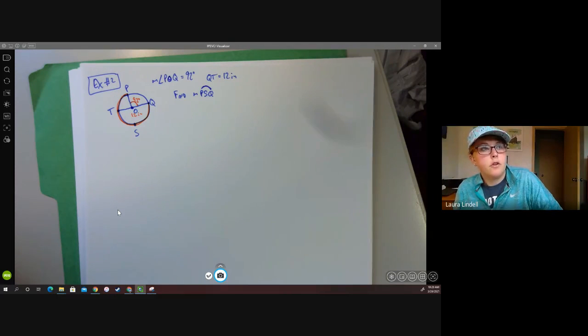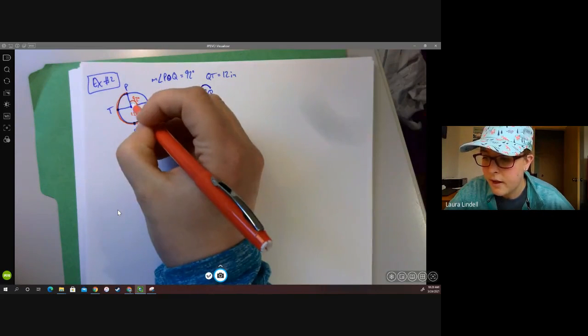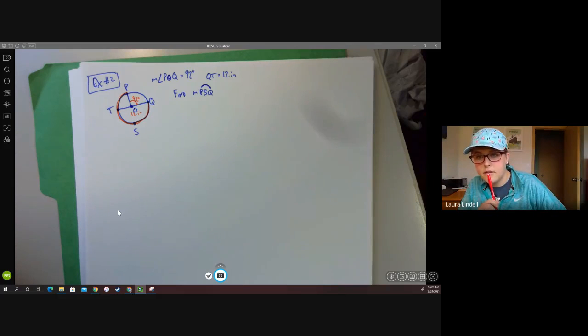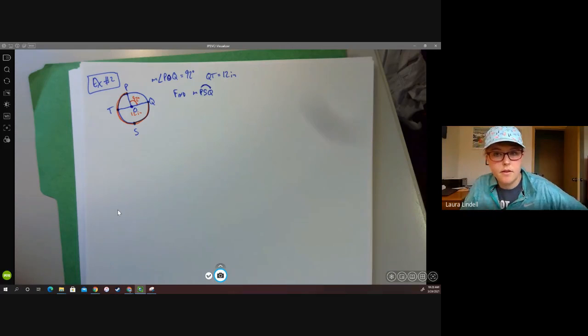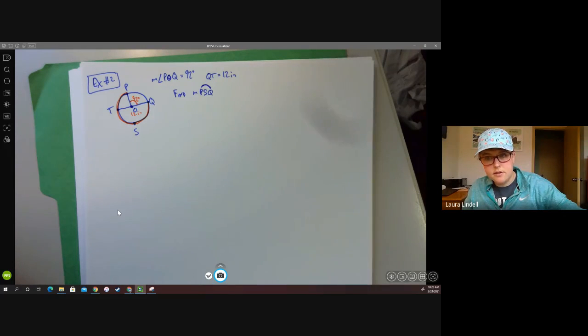Okay. So if we're looking for this measure, and I only know this central angle here, how could I find the angle for my arc? Well, what's the degrees in a whole circle? 360.